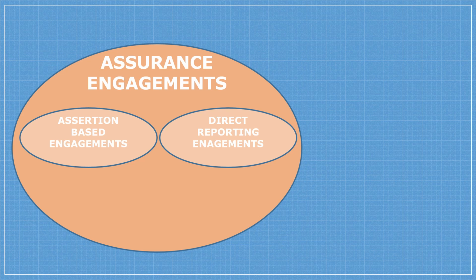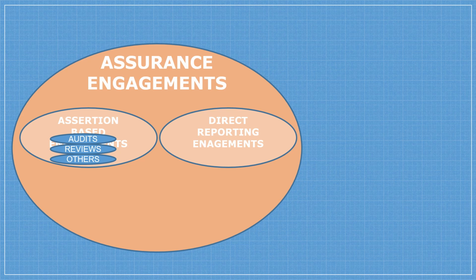Examples of attestation engagements are audits, reviews, and other assurance engagements. That is why I call it the assurance alien. It does look like an alien from my vantage point. So therefore, we can say that all audits are attestations and all attestations are assurance engagements. But we cannot say that all assurance engagements are audits.